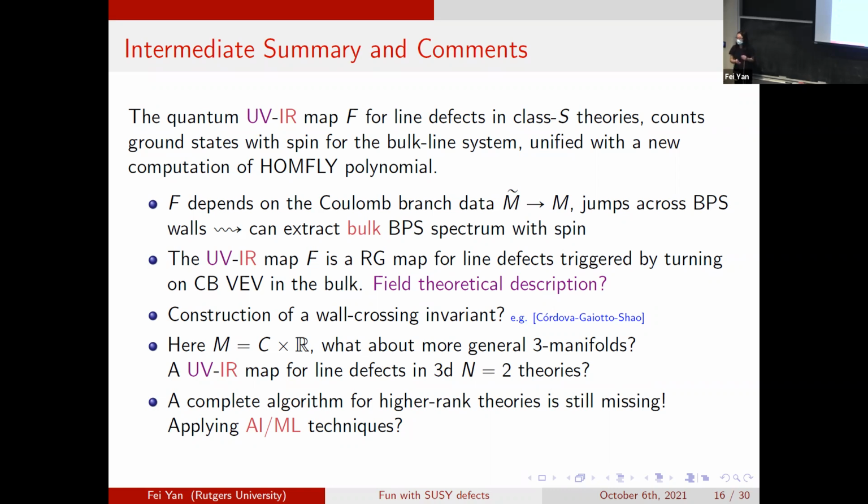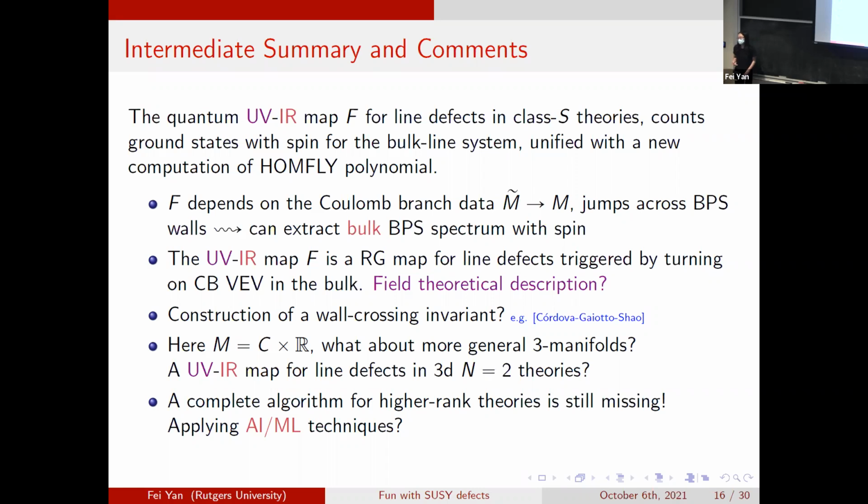And another last remark I want to make is that a complete algorithm for higher rank theories is still missing. By higher rank, I mean, for example, I could do SU2, SU3, SU4, but what if you want SU(N) for N large? That's a very meaningful question, taking this large N limit. However, we're not able to have a complete algorithm for this large N limit. And what we have is some complicated Python code already for this lower N case.